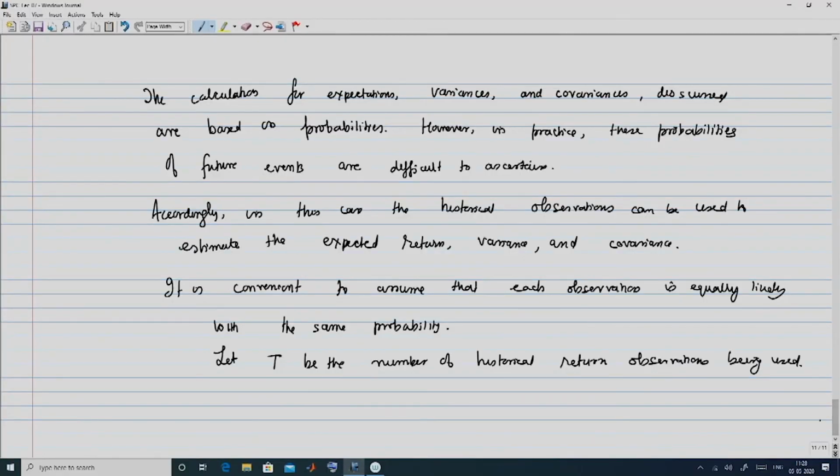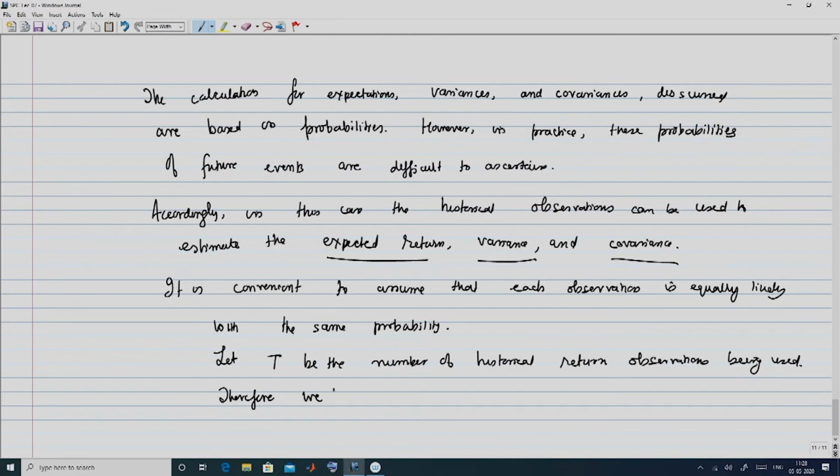So, this means that if all such observations are likely to be repeated and are taken as the random variable R_i, then the assumption of them likely to happen with equal probability means that each of those probabilities is going to be 1 divided by the number of return observations, that is capital T. So, each of the probabilities is going to be 1 over T. Accordingly, based on the historical data, we can calculate expected return, variance and covariance.